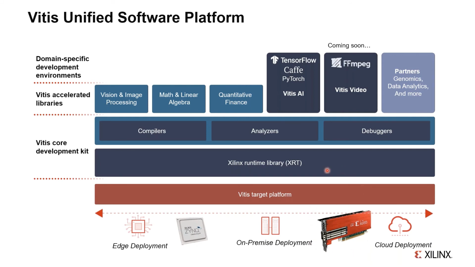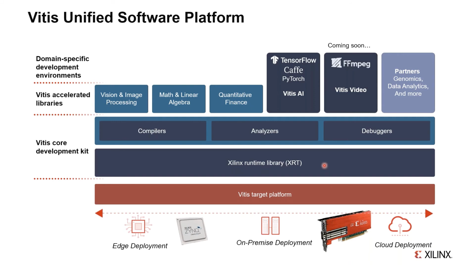The Xilinx runtime library is a software layer which runs on the host processor. In the case of Zynq, that would be the ARM processor. In the case of the Alveo card, that would be your x86 processor in your server or on your motherboard.